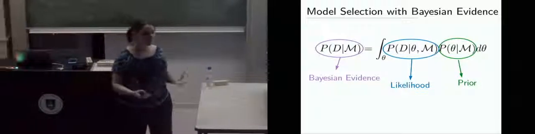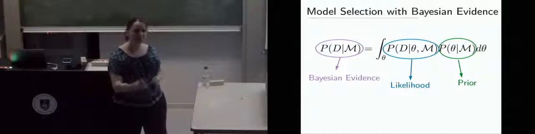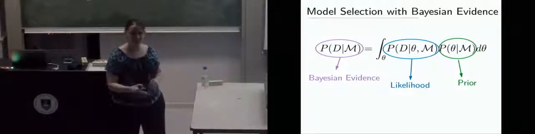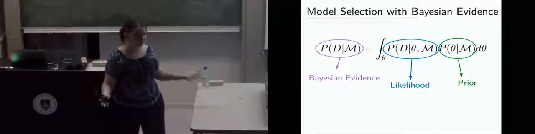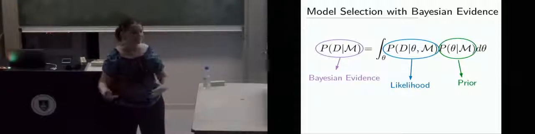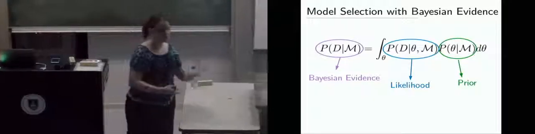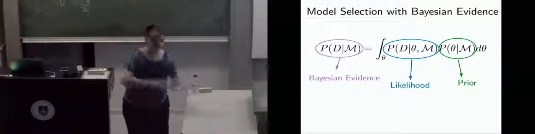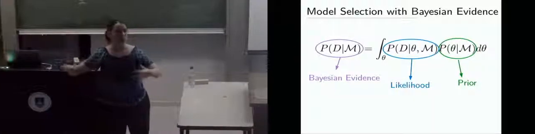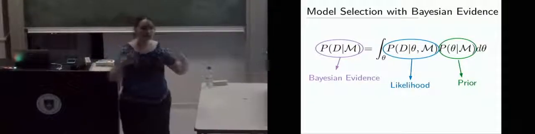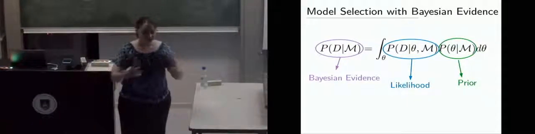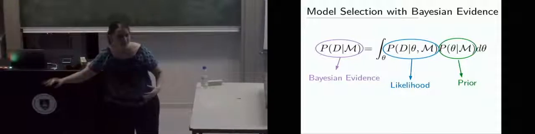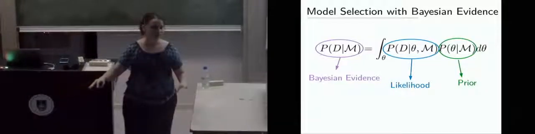So we do this all the time in cosmology. We have a very simple model called lambda CDM, just 6 parameters, it describes the whole universe. Quite amazing. And we add complexities. We say, well, what if dark energy is time varying? What if there's modified gravity? What if there are extra neutrinos? What if there's this? We add these more complex models, and then we want to know, is there any reason for me to believe this more complicated model over the more simple one? Does the data prefer the more complicated model or the simpler one?